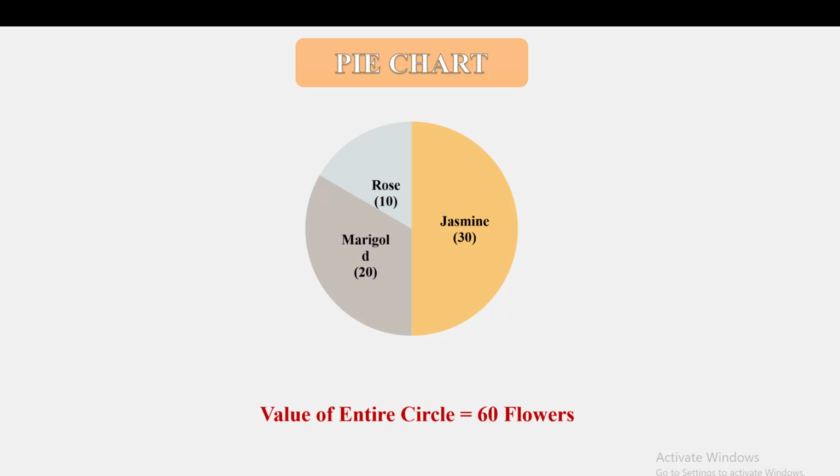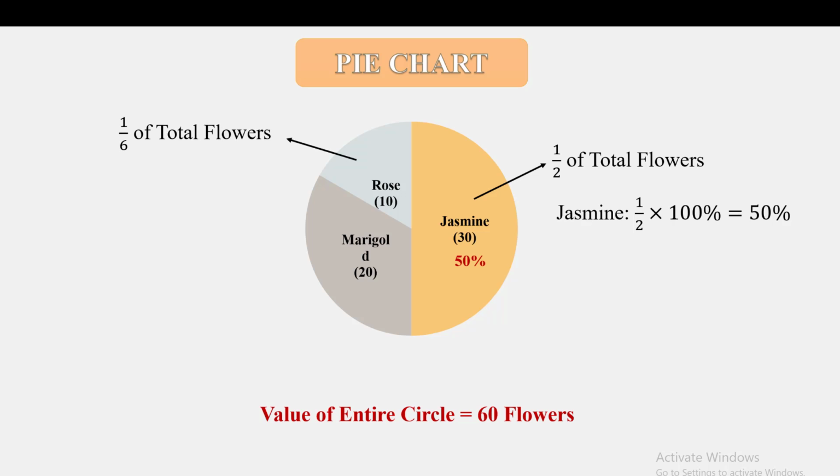Pie chart. Jasmine 1 by 2 multiplied by 100% equals 50%. Rose 1 by 6 multiplied by 100% equals 16.67%.